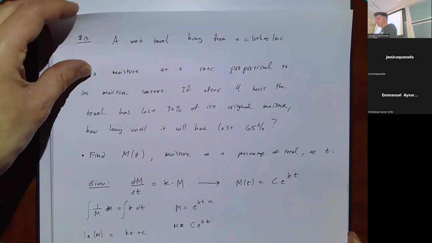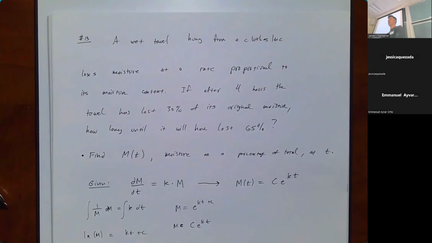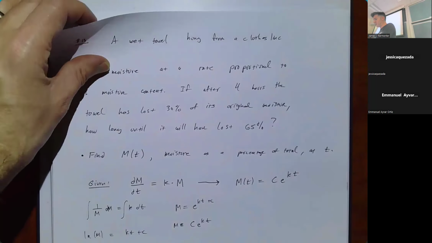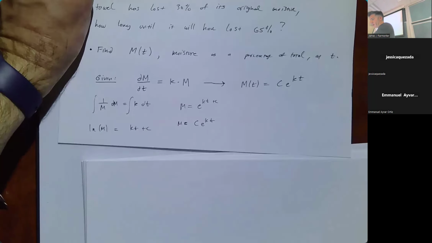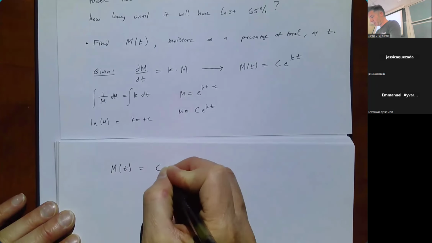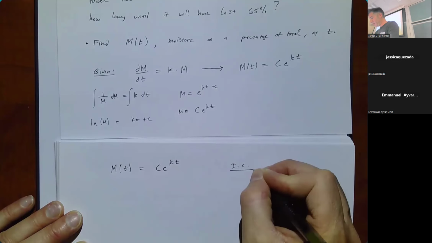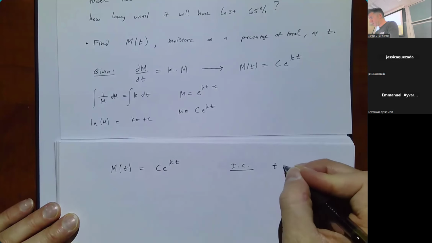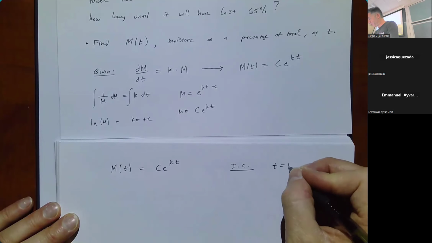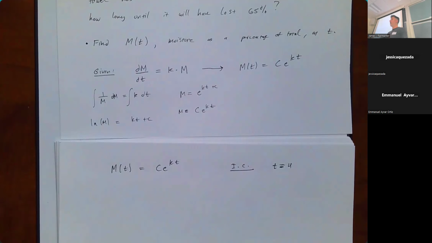So we're given a couple initial conditions. We're given one of them explicitly, and the other one is kind of implied. So we've got the following. We know that M of t equals C e to the kt. And here are some initial conditions. We know that at time equal to 4 hours after we observed it, the amount of moisture that's been lost is 30%.